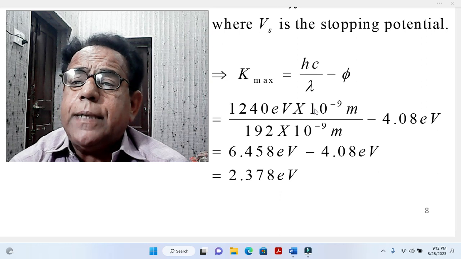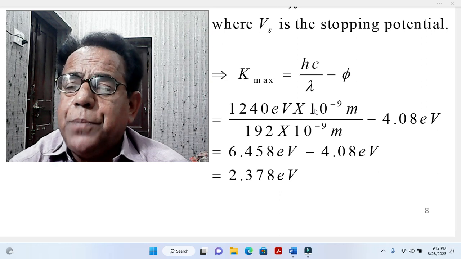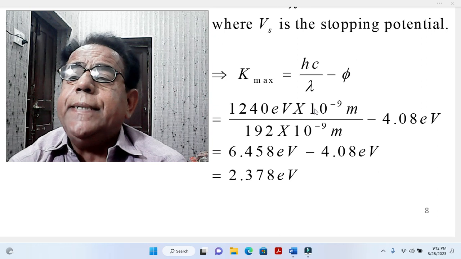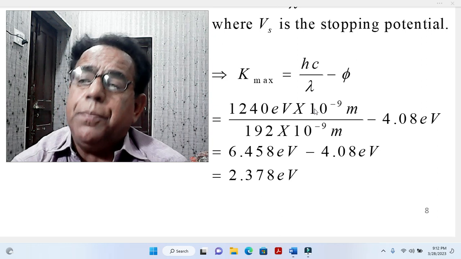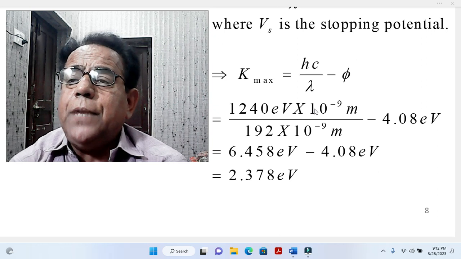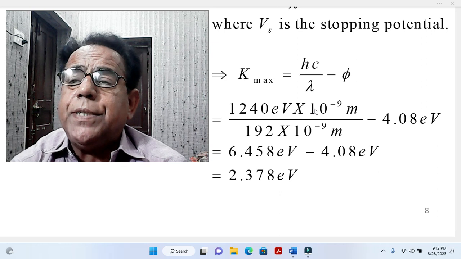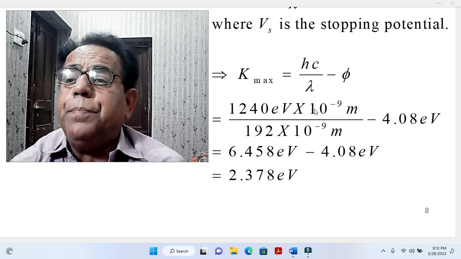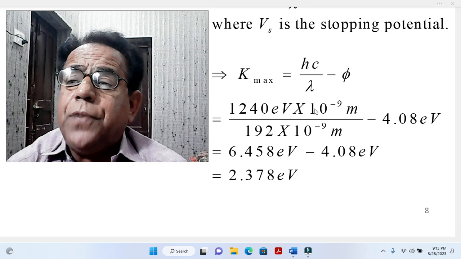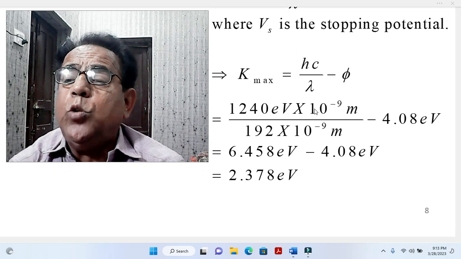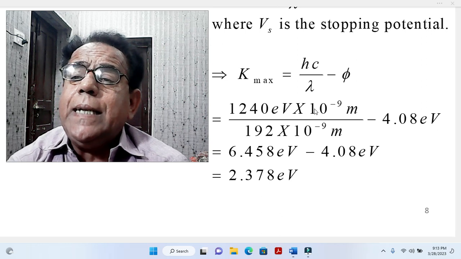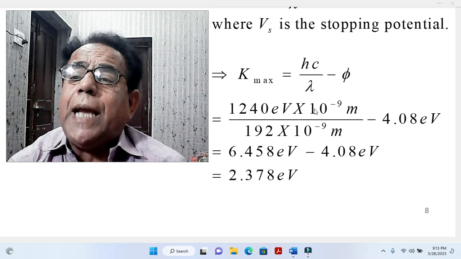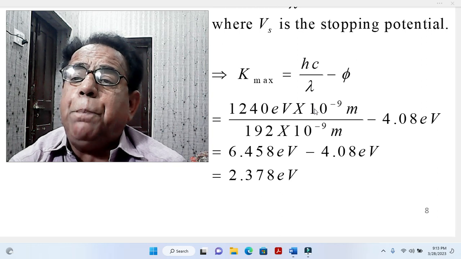So maximum kinetic energy K max has become equal to the value of hc taken from the table divided by the wavelength lambda, which is given in the statement, minus, in place of work function phi, its value, which is again given in the table shown in helping tools.